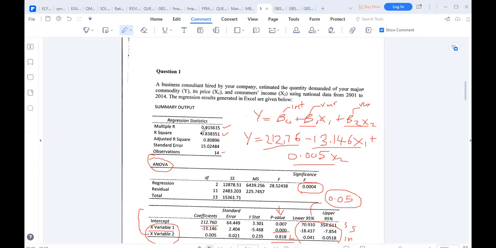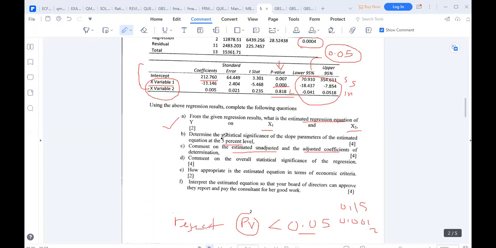That is for the unadjusted coefficient of determination. R squared is the coefficient of determination. Where we have the adjusted coefficient of determination, it simply tells us that 80% of the dependent variable is affected by X1 and X2, at 80% or 81%, which is a good thing. This is very strong.